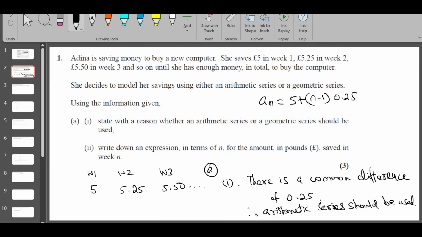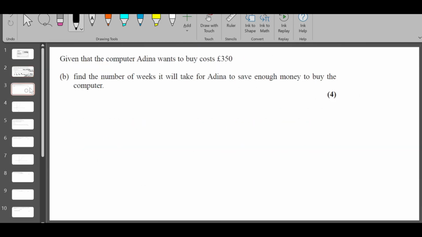So when you open the bracket, you're going to get 5 plus 0.25n minus 0.25. So it's going to be 0.25n plus 4.75. That's the answer for (i).